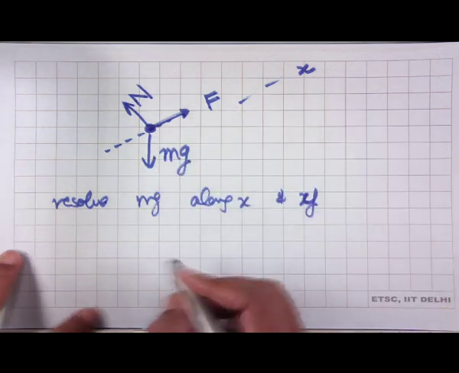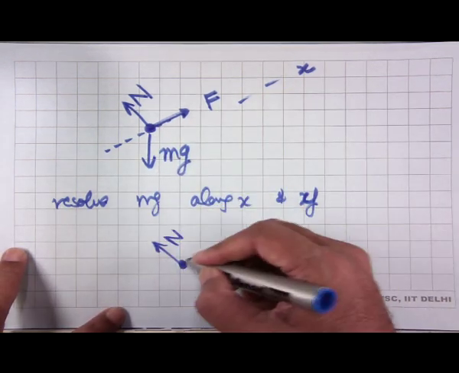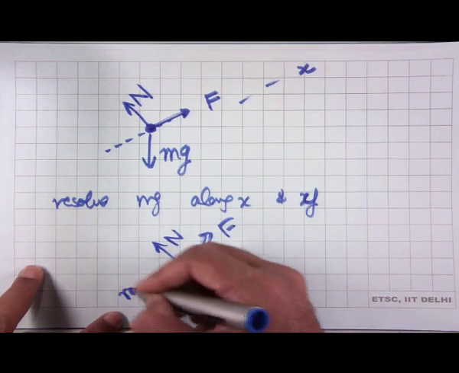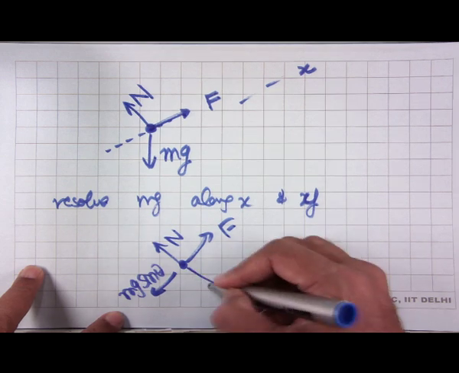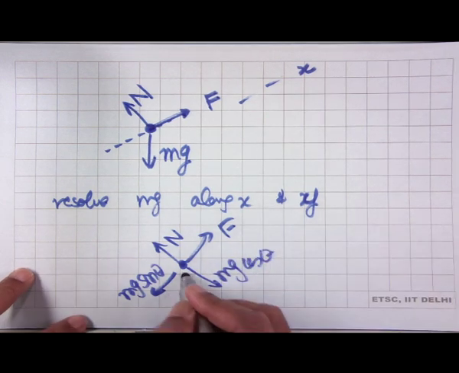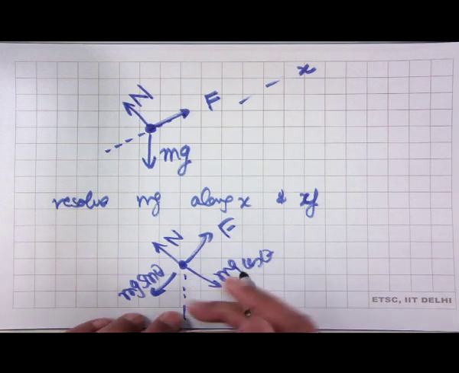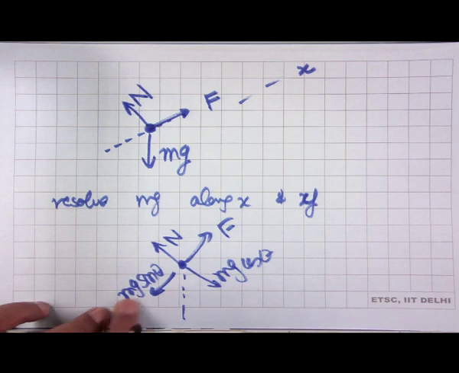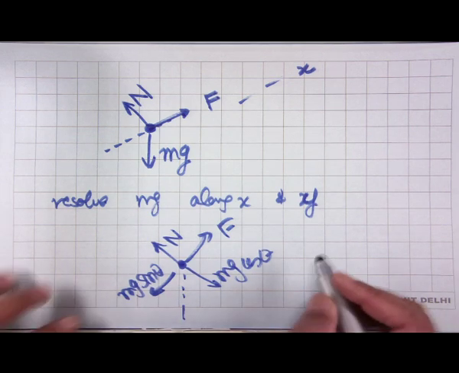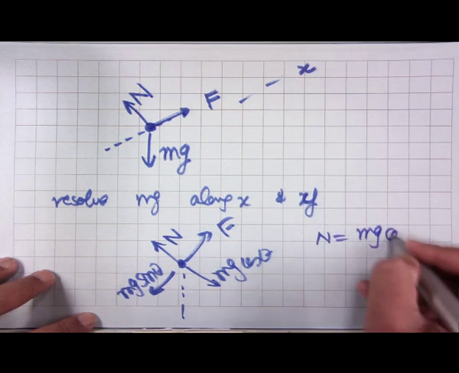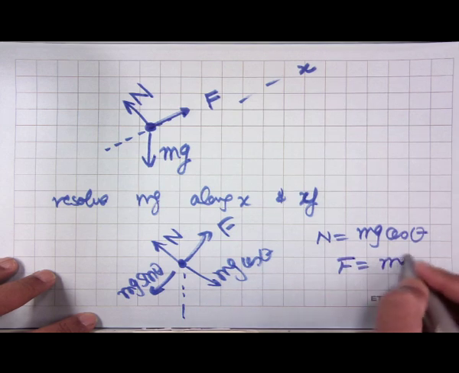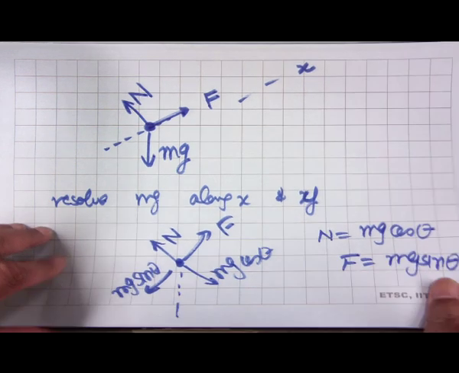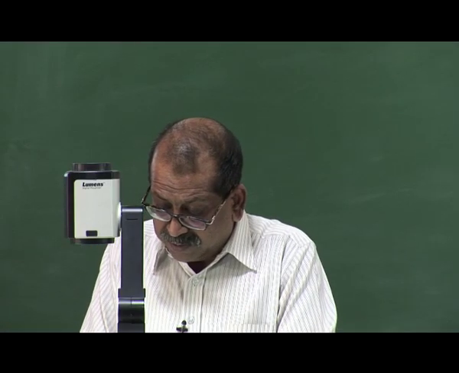We write this as n, this as F, and we have mg sin theta and mg cos theta. mg was vertical, this angle was theta, so the component along y is mg cos theta and the component along x is mg sin theta. From here we get n equal to mg cos theta, and F equal to mg sin theta.